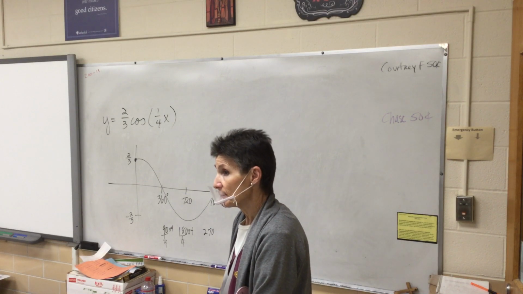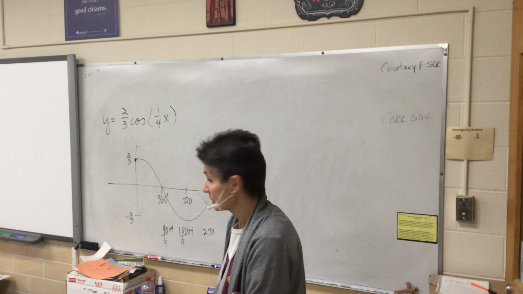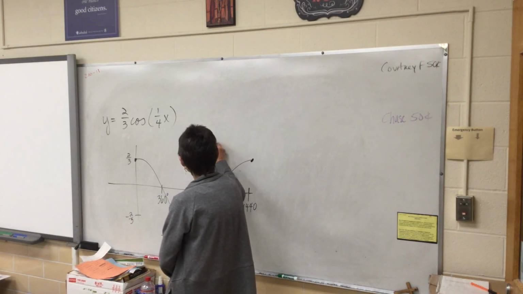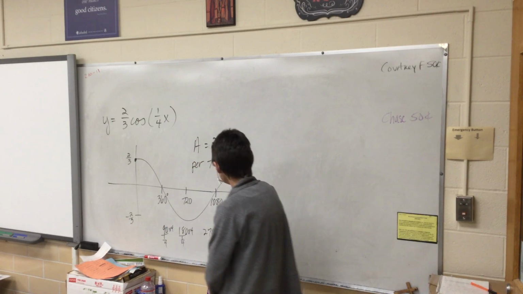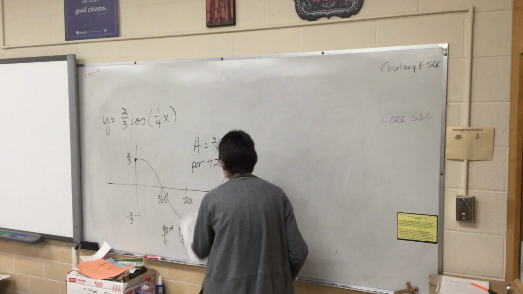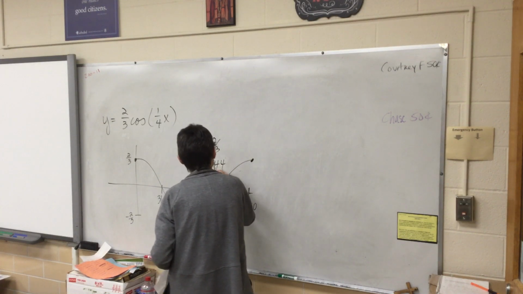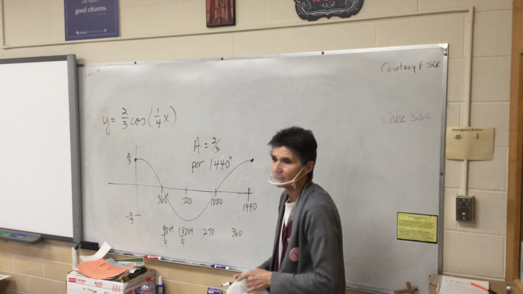And that's all there is. Amplitude is 2/3, and the period is 1440. Yep, if you have to list that, that's exactly right. That's your period, the end point, 1440.